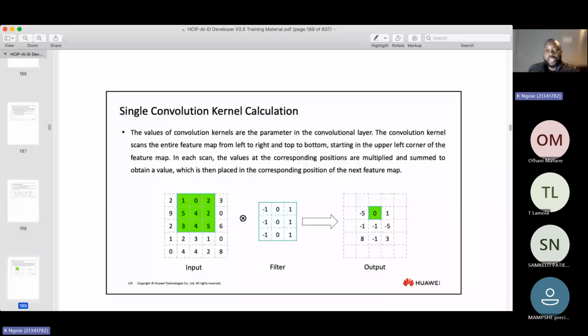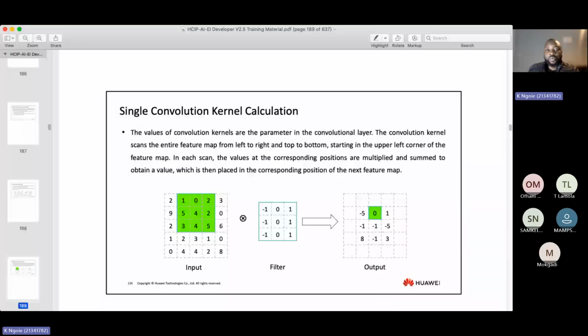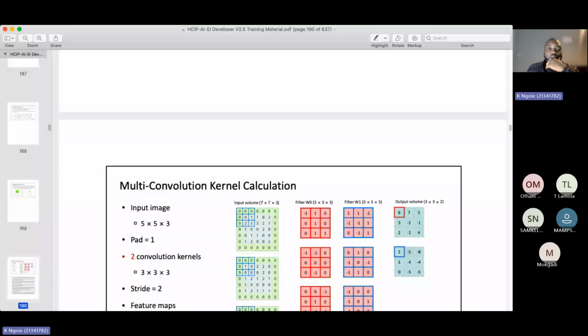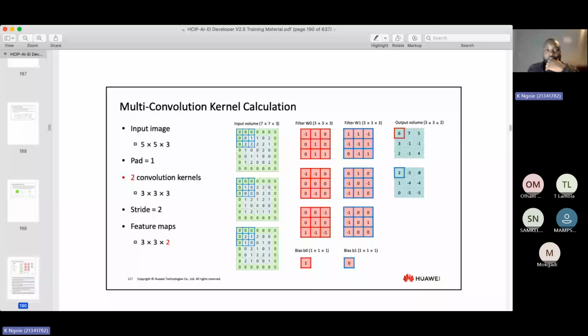The second position gives the middle value: -1 times -1 plus 0 plus 0 plus 1 times 2 plus -5 times that. When we add those numbers, we end up with that 0 there. So that's how the single convolutional kernel works. Now we're looking at multi-convolutional kernel calculations.